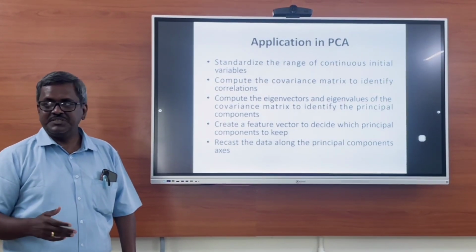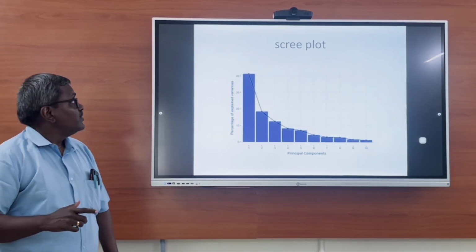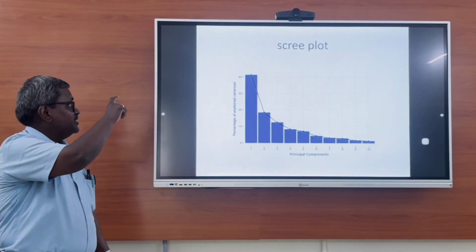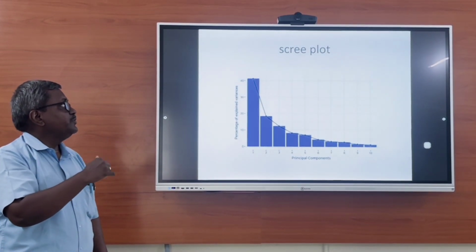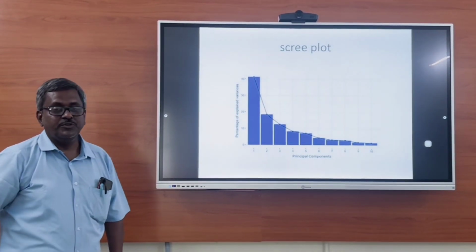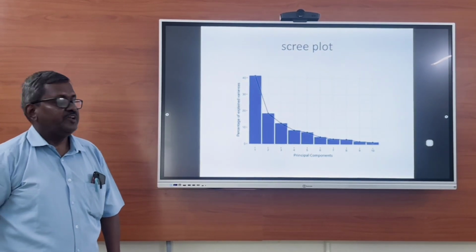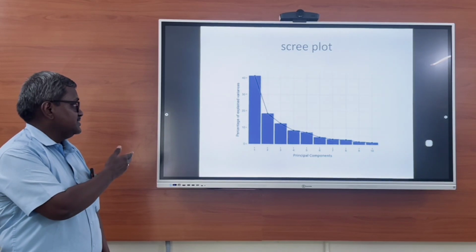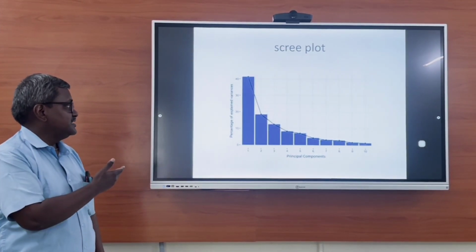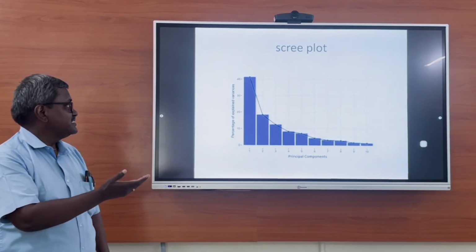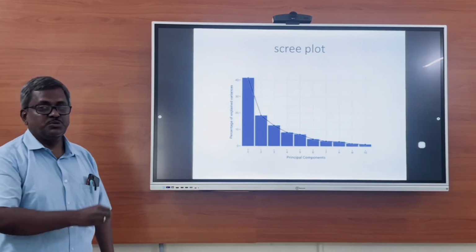Before that, each attribute contributing to the data science may be different. For example, the first attribute is contributing up to 40%, and the last one is about 2%.